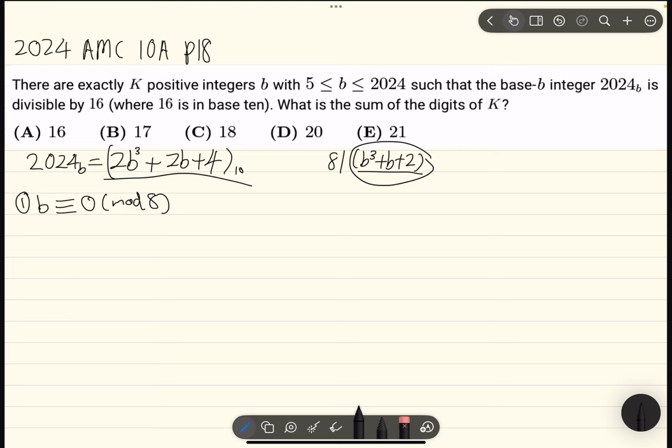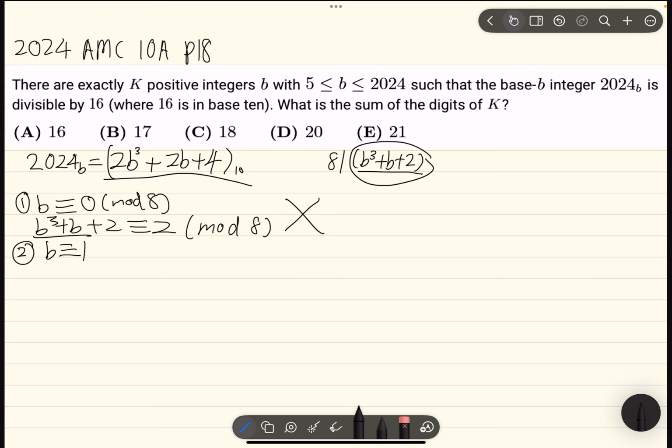Then b cubed plus b is divisible by 8, because it's just 8s plus more 8s. However, adding 2 leaves a remainder of 2 when divided by 8. But we need b cubed plus b plus 2 to be divisible by 8, so this case does not work.